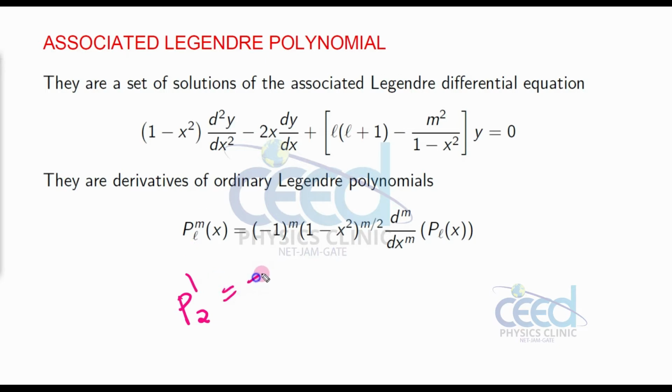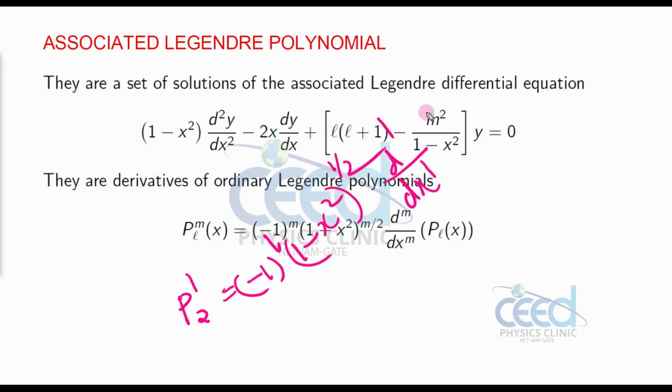So what will be the answer? Minus 1 raised to 1, (1 minus x square) all raised to 1 by 2, d raised to 1 by dx raised to 1 of PL of x, that is P2 of x, right? I am replacing L with 2 and m with 1.